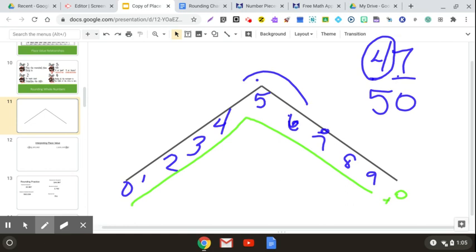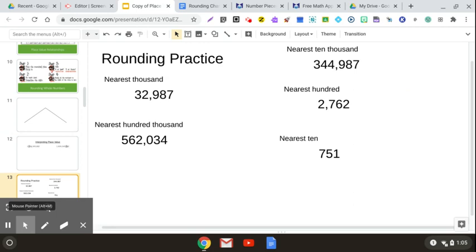Okay, so now we're going to do some examples. Here we go. What I'm going to try to do as we do these examples is go from this slide where we're working to the rounding chart, not the hundredths chart, the rounding chart, to help you, okay?